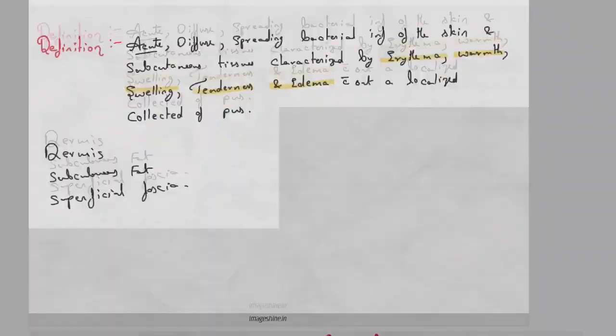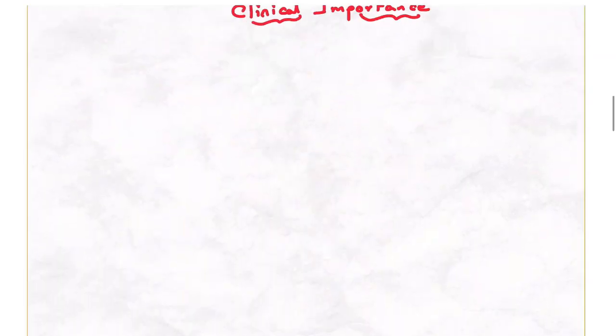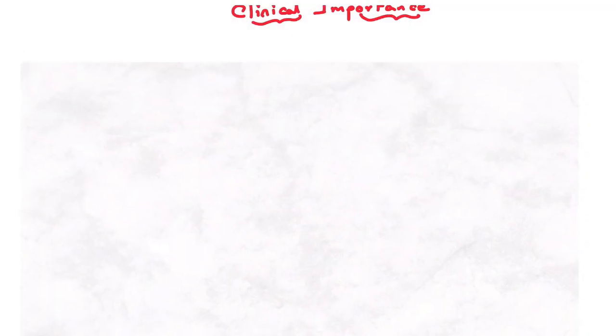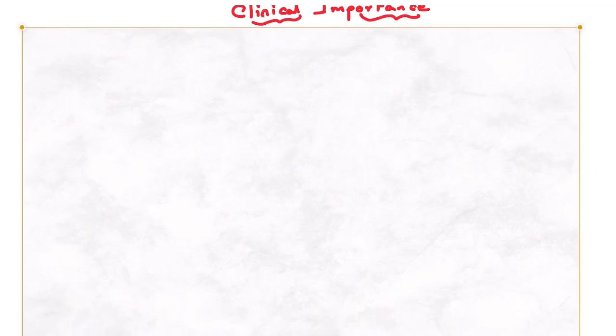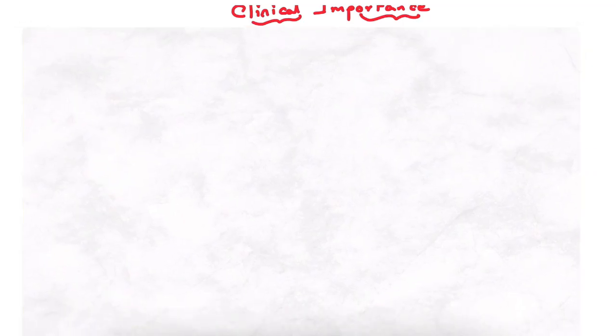So now we can see some clinical importance, because from the exam and viva point of view, this clinical importance is very important. Cellulitis is one of the most common surgical infections encountered in our accident and emergency department, surgical clinics, diabetic foot clinics and trauma wards.